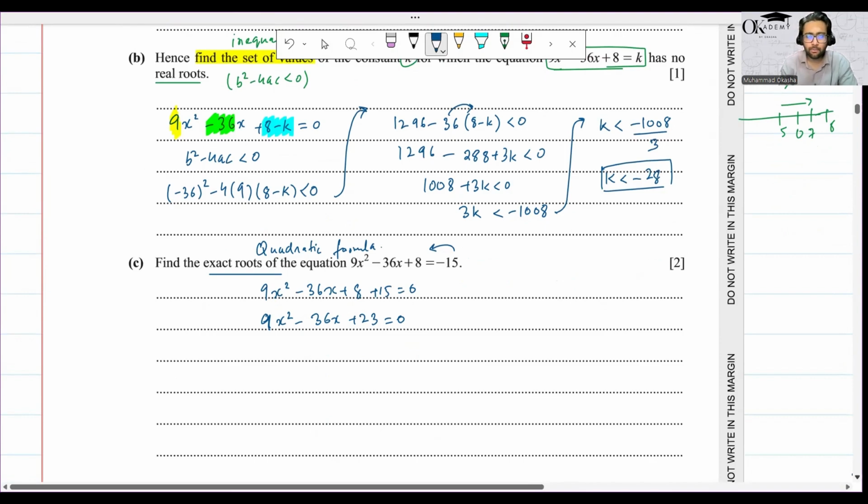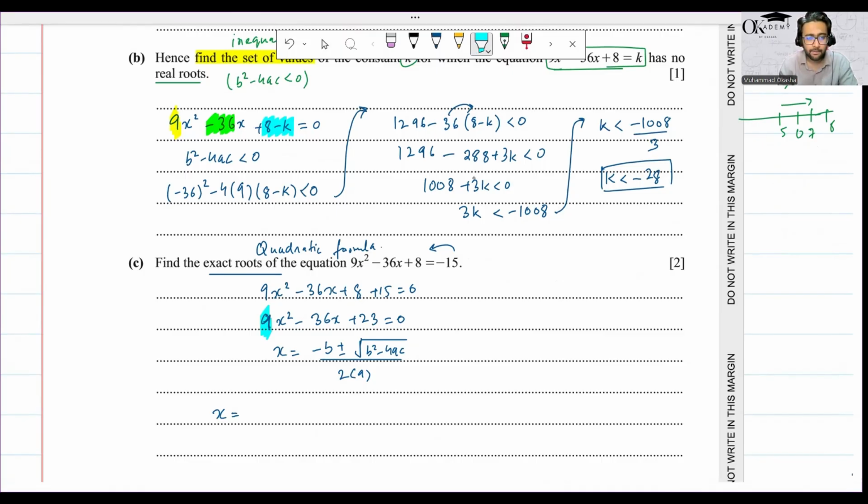I could just put it in the quadratic formula. So we know that x equals negative b plus minus, over 2 times a. Make sure that you're not using a calculator over here. Make sure that you are doing the proper maths. a is 9, negative 36 over here is b, and positive 23 is c, right?